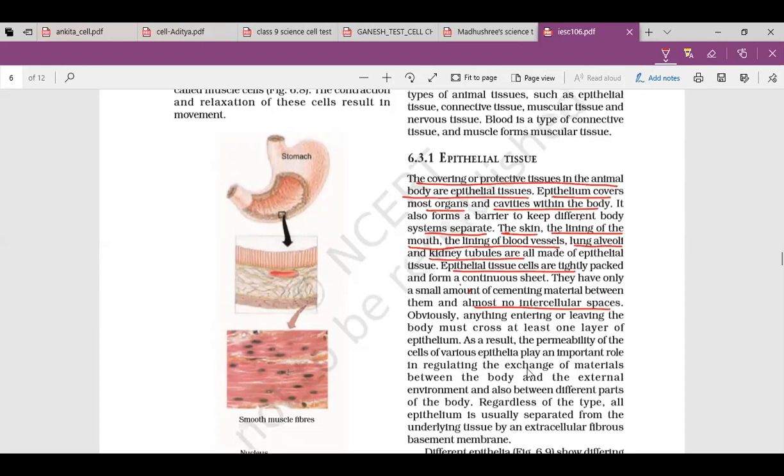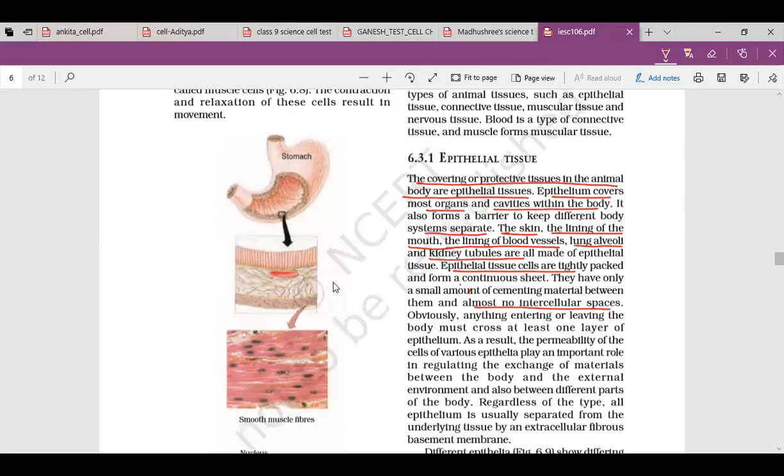The permeability of the cells plays an important role in regulating the exchange of materials. Regardless of the type, all epithelia are usually separated from the underlying tissues by an intercellular fibrous basement membrane.